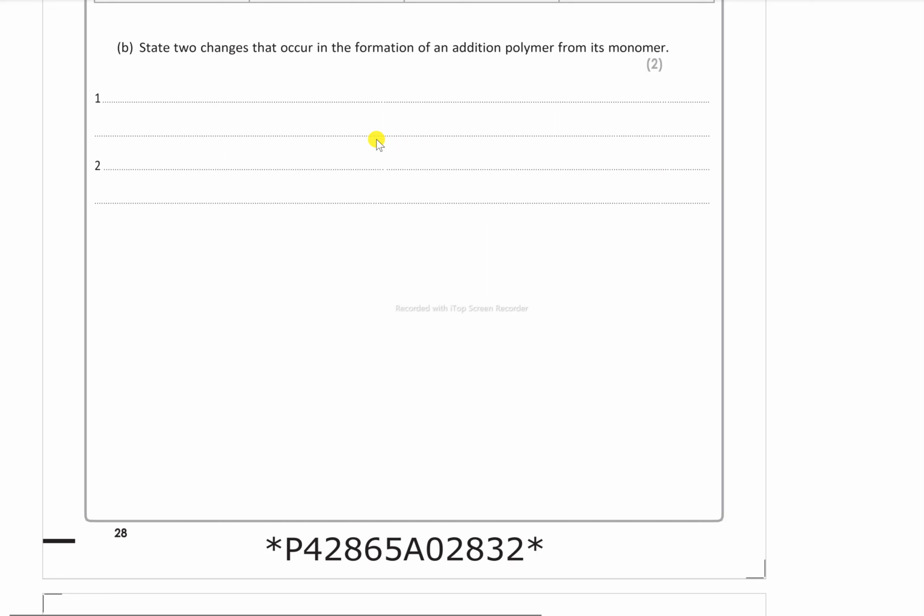You can say many monomers, small molecules, join up to become a polymer. What else happens?